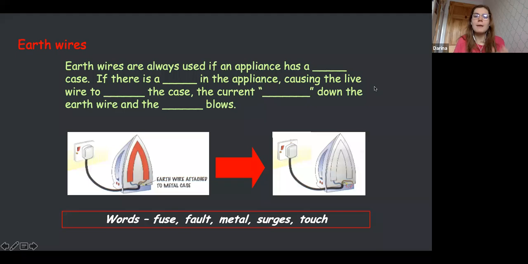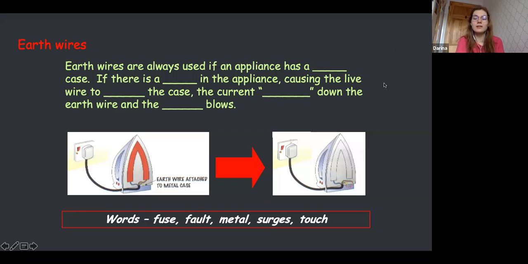Okay, if there is a blank in the appliance, what do you think now? What word goes here? If there is a fault in the appliance causing the live wire to touch the case.